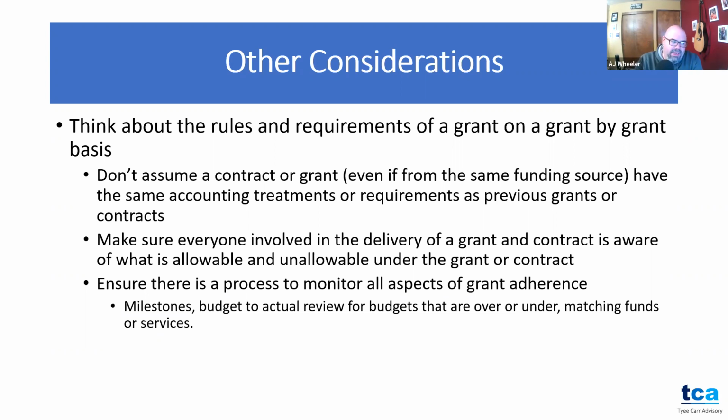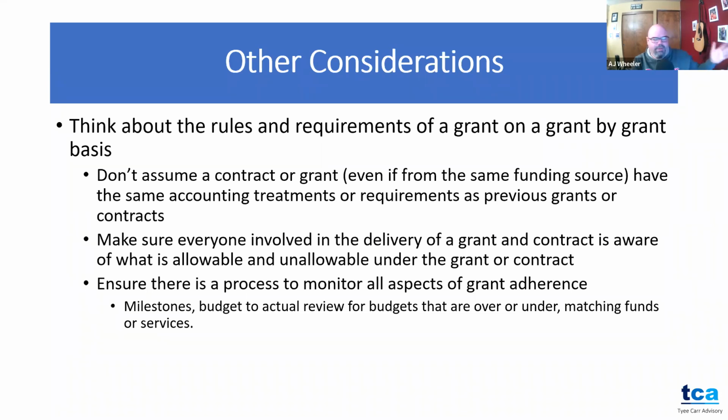And again, I don't want to sound too much like a broken record, but make sure everybody involved with the grant and contract is aware of what's an allowable and unallowable cost. Those program managers and directors are your first line of defense in making sure that unallowed costs aren't coming into the grant.